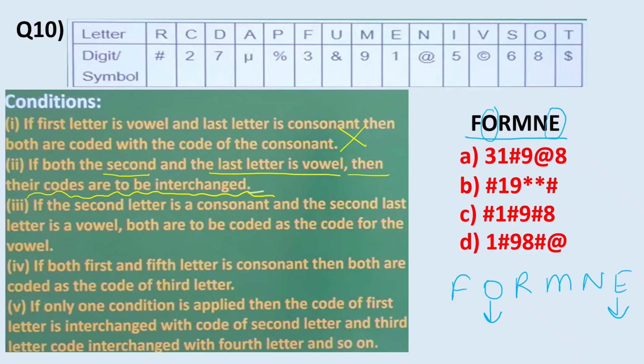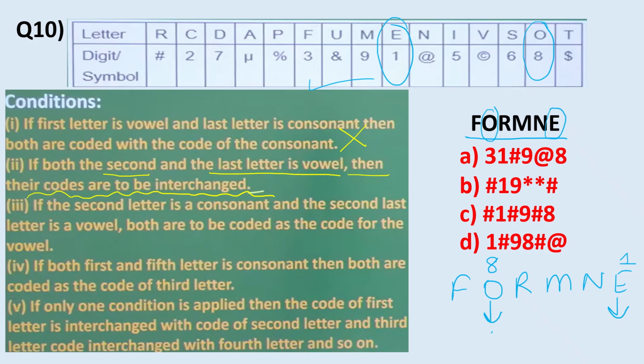Now, whenever they say codes, you have to look at this table. O's code is what? 8. E's code is 1. So now their codes have to be interchanged, they have said. So that means O's code is 8. E's code is what? 1. Now these codes have to be interchanged.